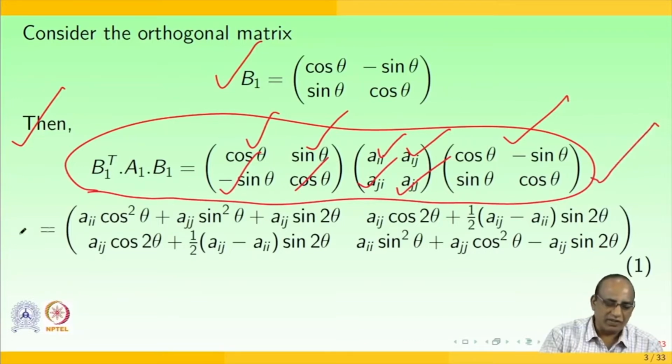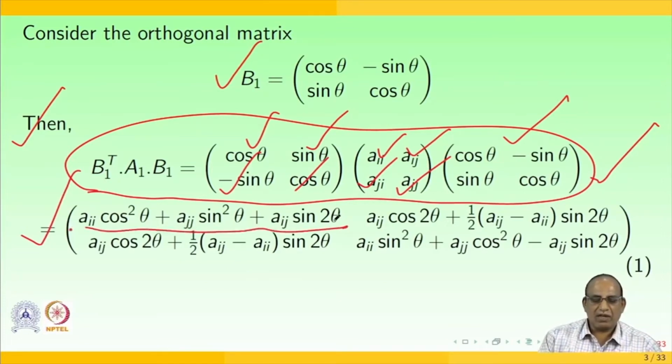This is equivalent to AII cos square theta plus AJJ sin square theta plus AIJ sin 2 theta.